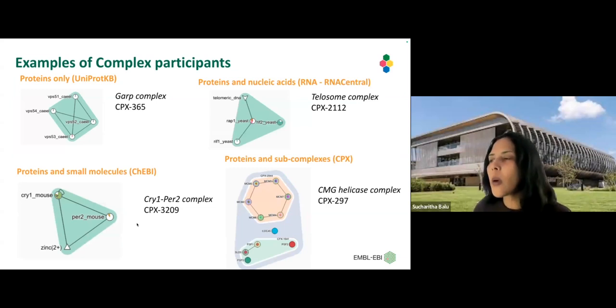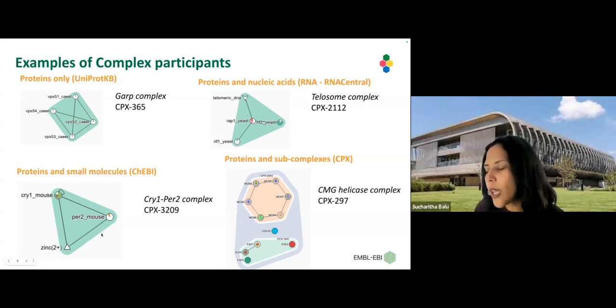So here are some examples of complexes and their components. In the top left, we start with a GARP complex from C. elegans, and here all of the components are proteins. And then moving to the top right, we have the telosome complex, which is a Saccharomyces complex, and here you have the protein components interacting with telomeric DNA.